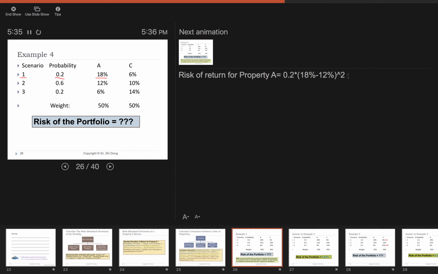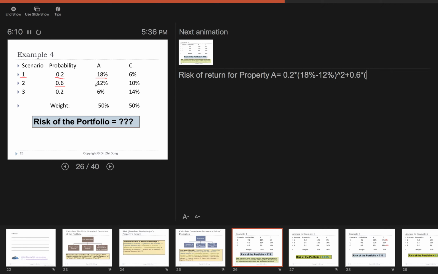Now let's move on to add the information from the second market scenario, repeating the same process as for the first. First, we need the probability that the second market scenario would happen. In this case, we have 0.6, right? Then times the deviation of property A's return from the expected return.